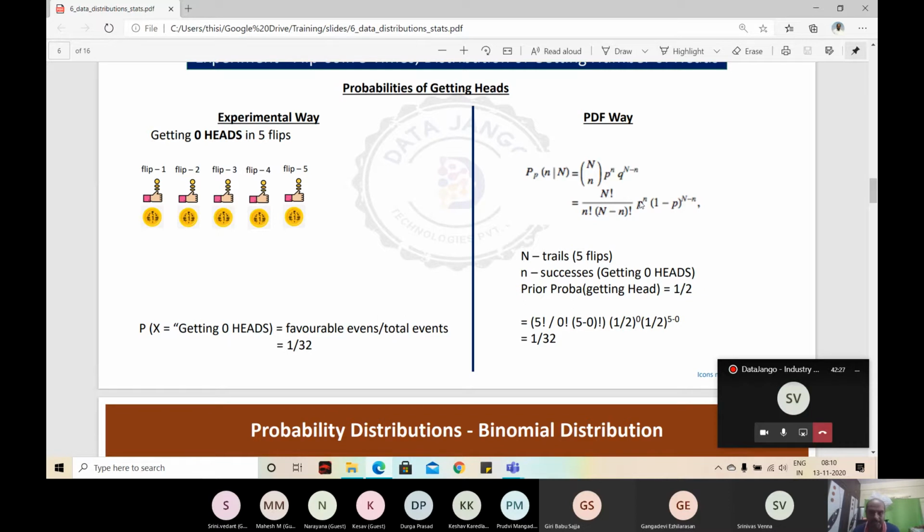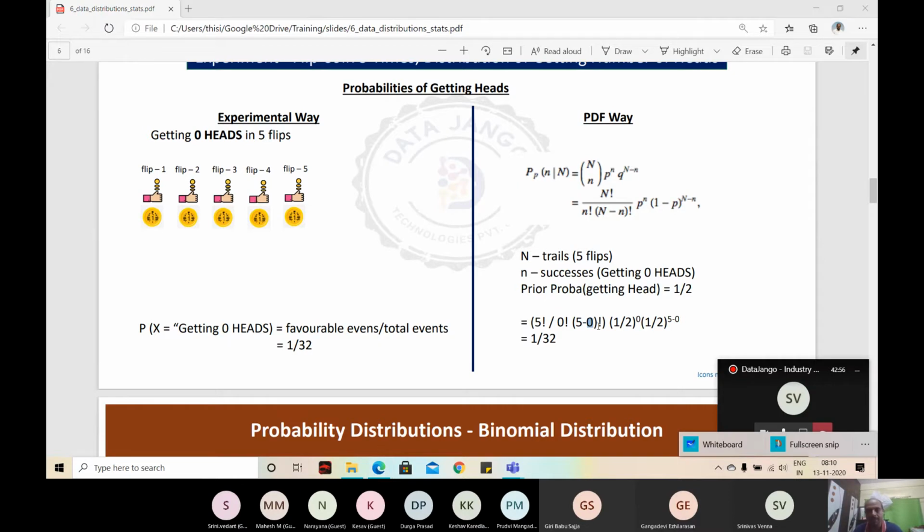So P is the favorable probability for whatever experiment we are conducting. Capital N is the number of trials, 5 times, and small n is the number of successes, 0 heads. So nC0 is going to be factorial n by factorial n into factorial N minus n, or generally we should say r.